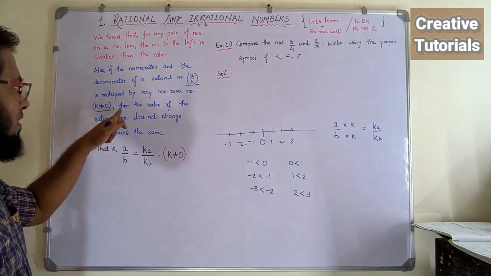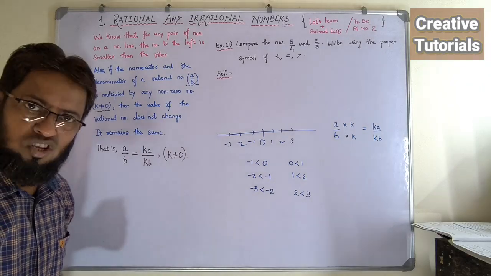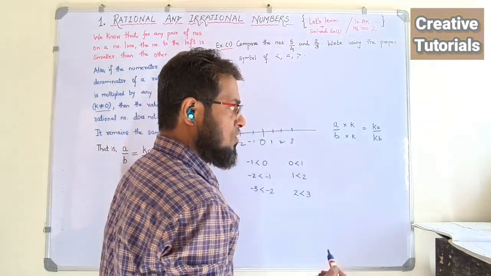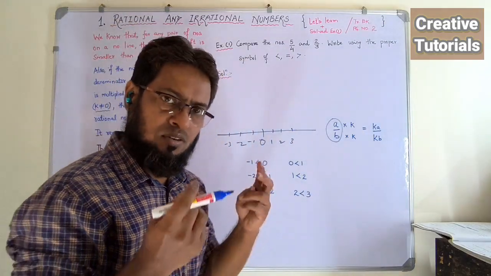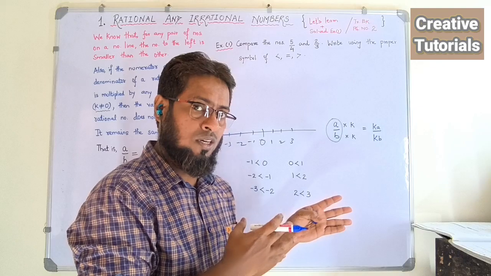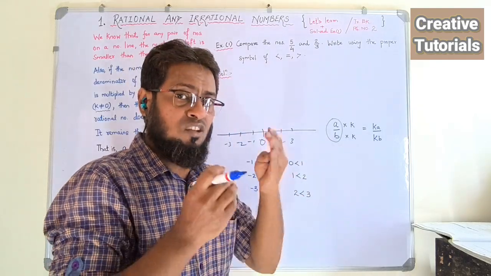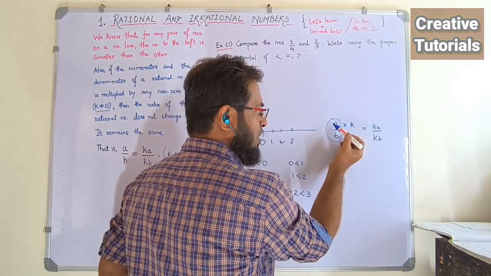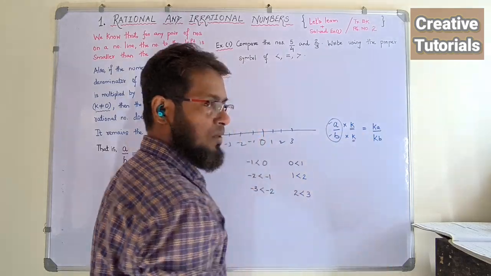And what happens is, then the value of the rational number does not change. Okay, that means what? The value does not change. So whatever fraction has been given to us, the value of that fraction will not change when we multiply this numerator and denominator by a non-zero number.